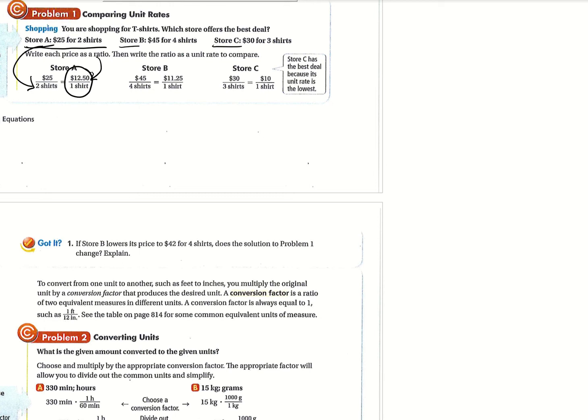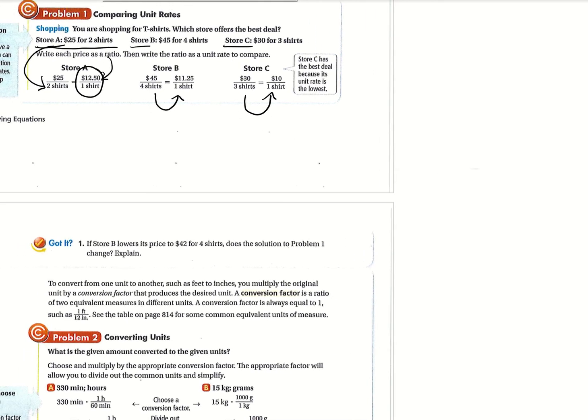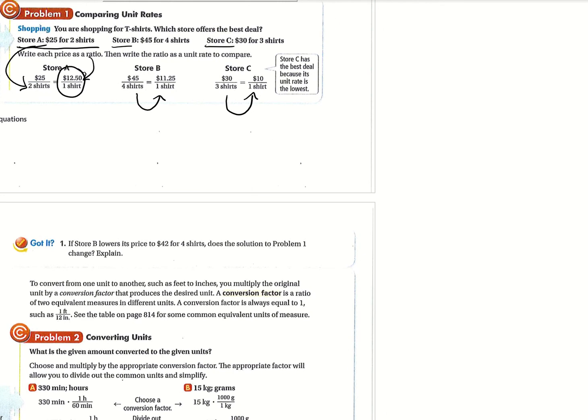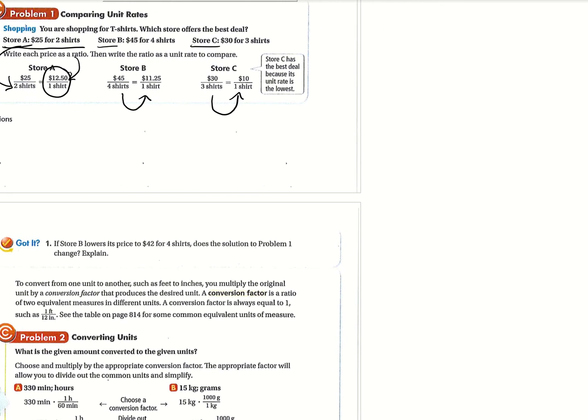And then they do the same thing for B here, and then the same thing for C here. All right. Yeah, so basically what they're going to do is they're just doing division, right? So I'll just show you on B. I don't think we need a whole lot of examples.